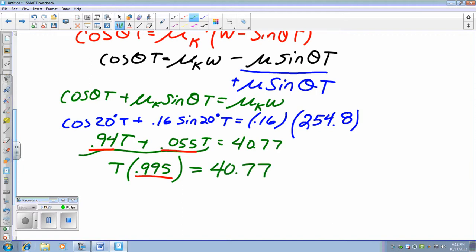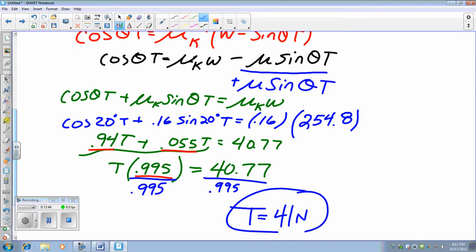Divide both sides by 0.995, and we get a tension value of about 41 newtons. Holla. All right, so now we're ready to actually do some work. And that's in the physics sense, ha ha ha.